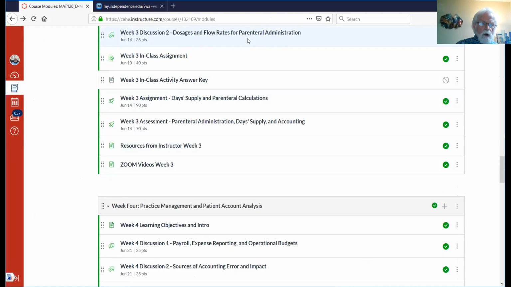But for the most part, we're talking about things that are going to be injected via some form of device into the patient. And flow rates refers to infusion, in other words, dosing over time. Dosages are important there as well.